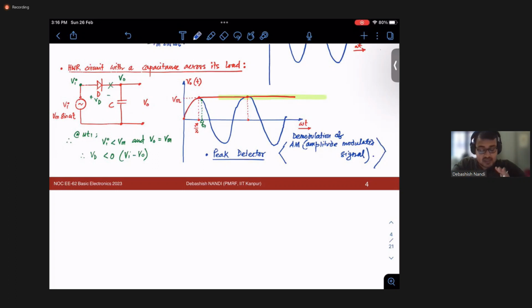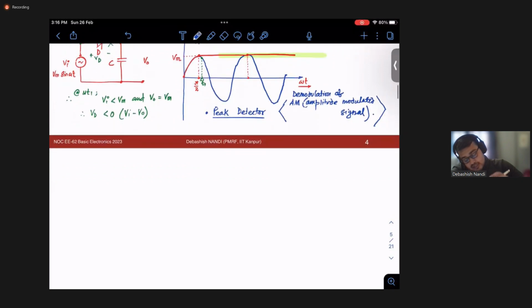This is the simple concept. Just for interest, suppose this is your message signal, and say this is your carrier signal, right? You generally have your carrier signal at high frequency.